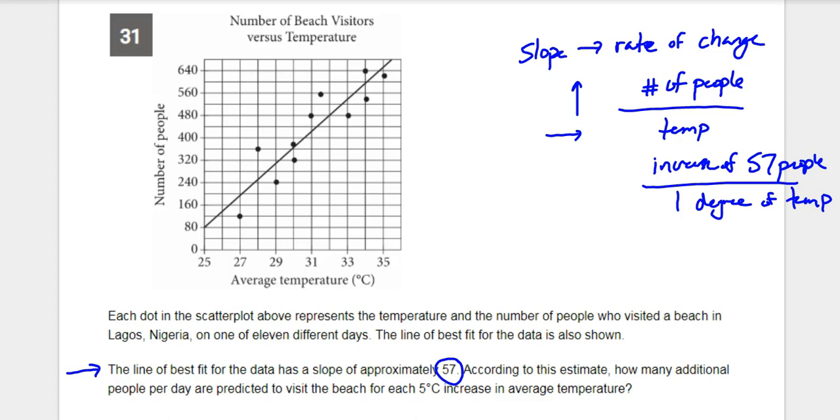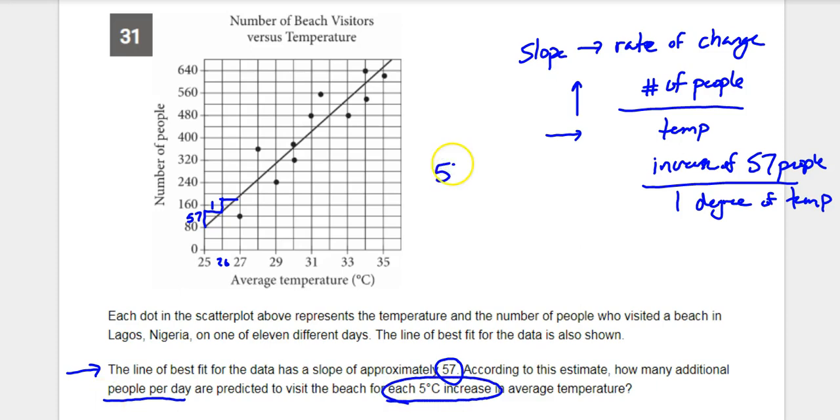We can kind of see that on the chart. I go up to about here, which I can't really see what number that is, but 26 degrees, then go over 1 degree, and they're telling me that number was 57. So every time, go up 57 over 1, go up 57 over 1, all the way up. So according to this estimate, how many additional people per day are predicted to visit the beach for every 5 degree increase?